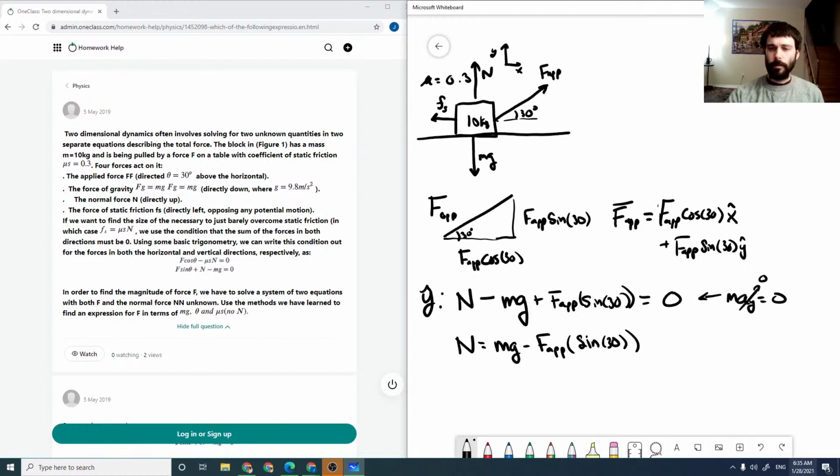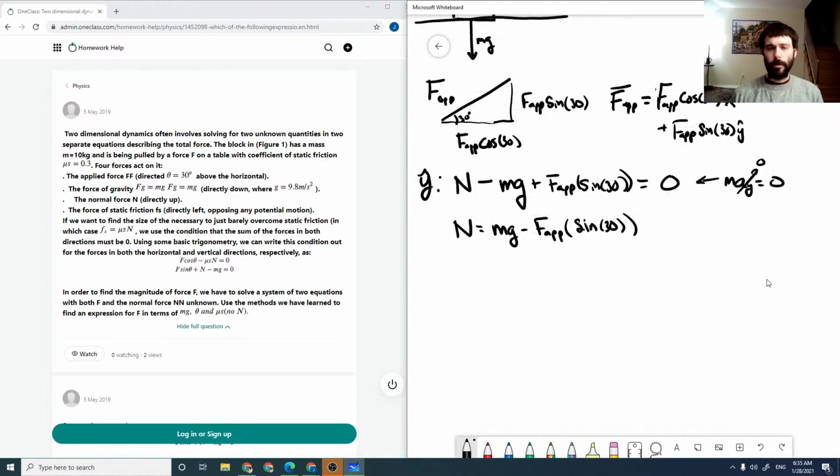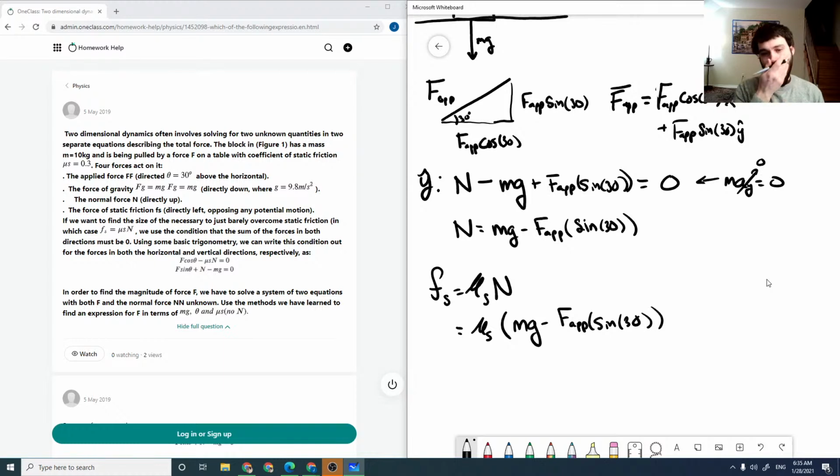Now the reason why we would solve for our normal force is because our frictional force is always given by our coefficient of friction times our normal. So in this case, it is given by this.